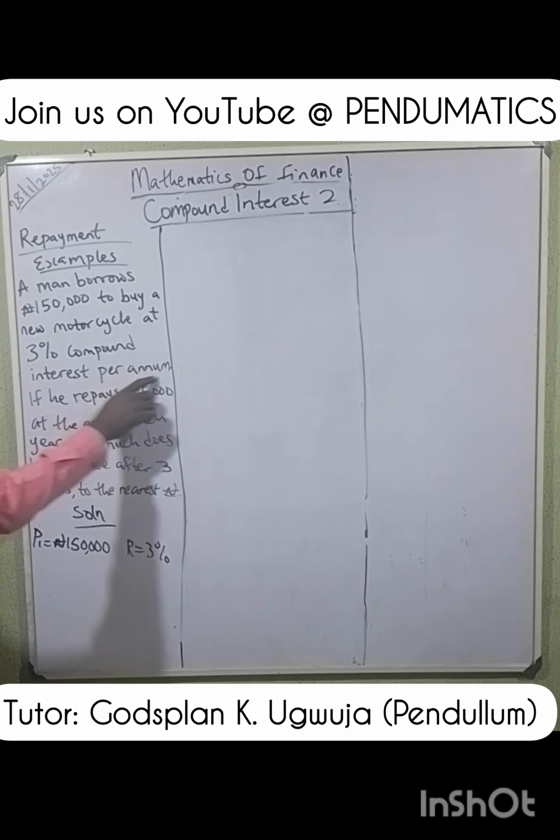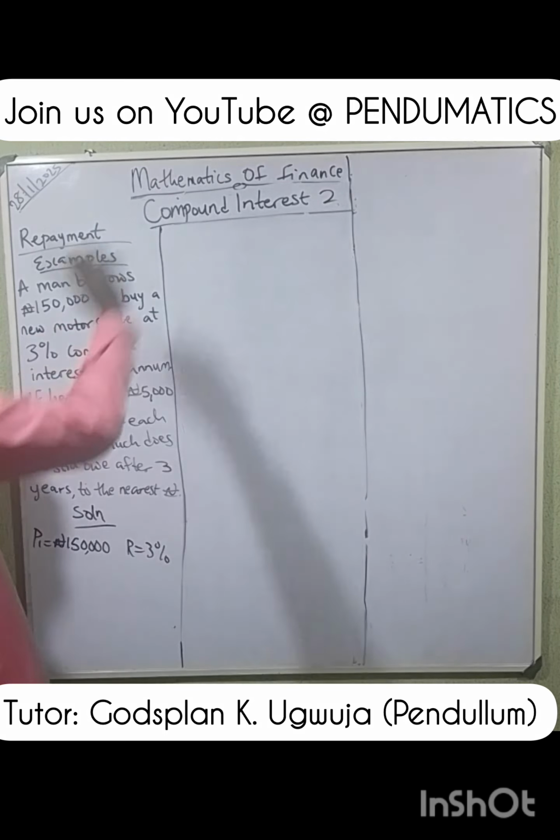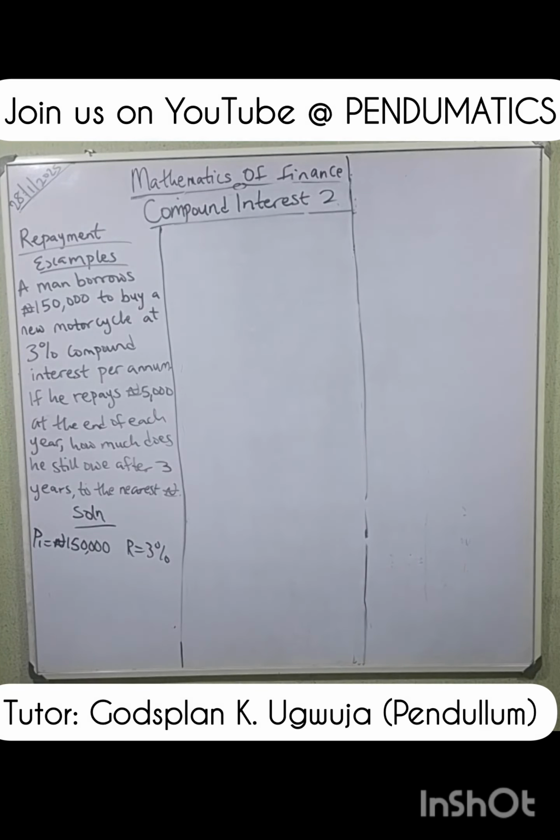Don't forget, if you've watched compound interest video 1, you understand what I mean, because they may tell you for 6 months, for 3 months, and your time will change in that case. But if it's per annum, it's yearly. Then we are told that he repays 5,000 at the end of each year. How much does he still owe after 3 years to the nearest naira?